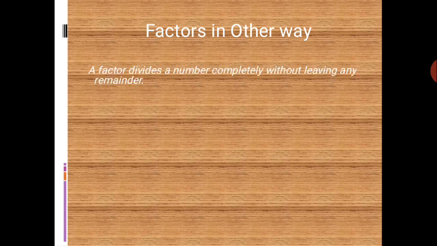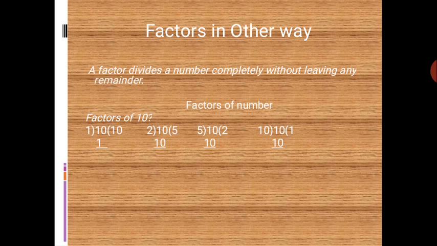Now, we can learn factors in some other way also. A factor divides a number completely without leaving any remainder. Let us find the factors of a number. I have taken 10. If I divide 10 by 1, then what will I get? The remainder as 0.